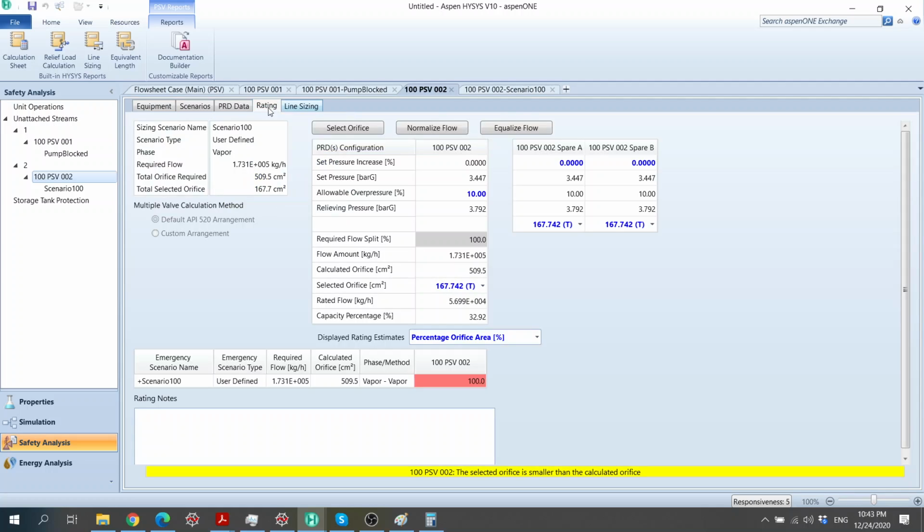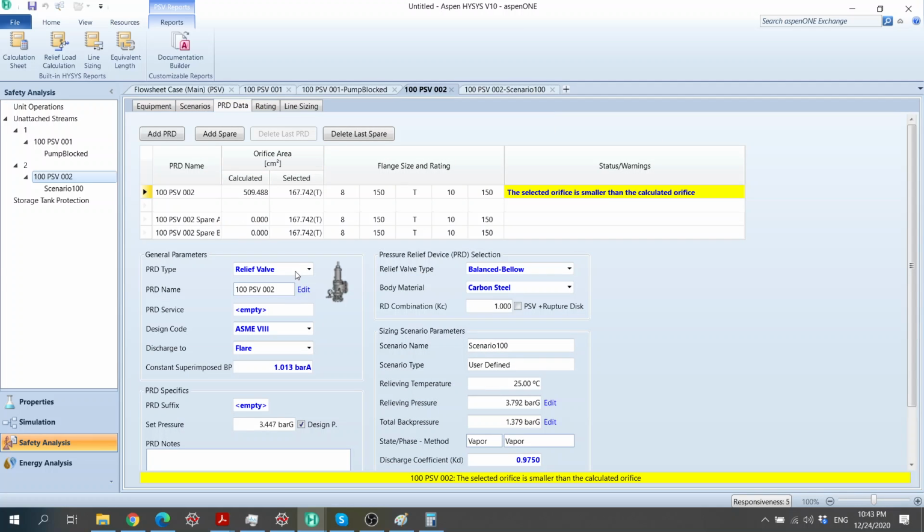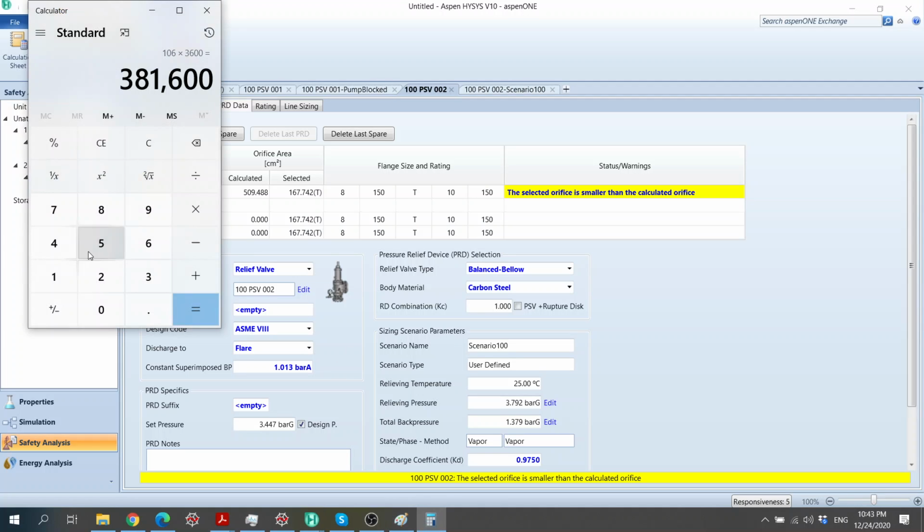Basically, because it calculates for me 509. 167 times 4. It has to be times 4, right? Ah, 167 times 3.